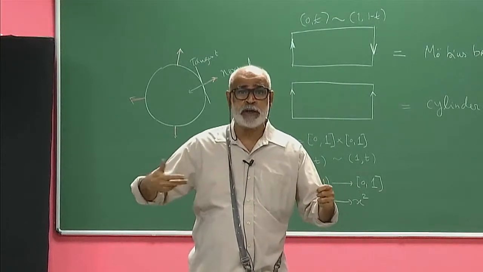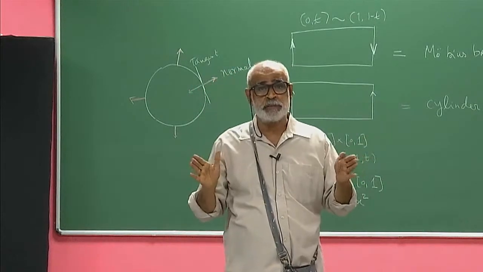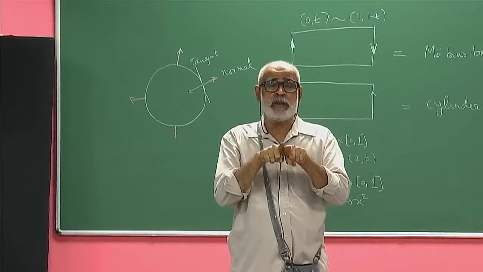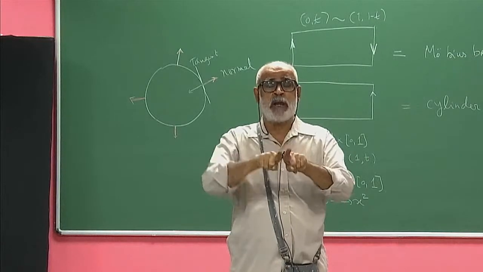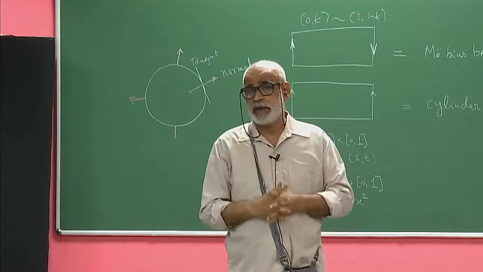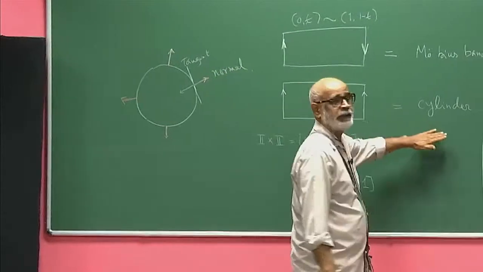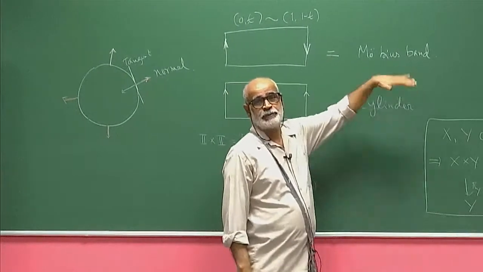How many times you might have twisted, it doesn't bother. All that matters is whether, when you are identifying, the arrows are matching or reversed. There are only two cases. Accordingly, there will be either a cylinder or a Mobius band.